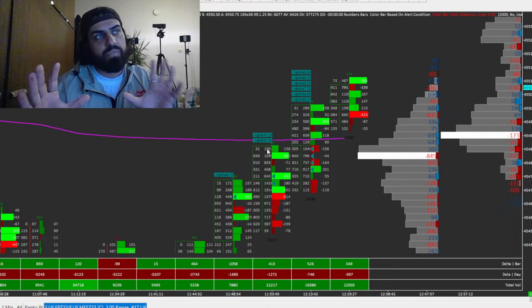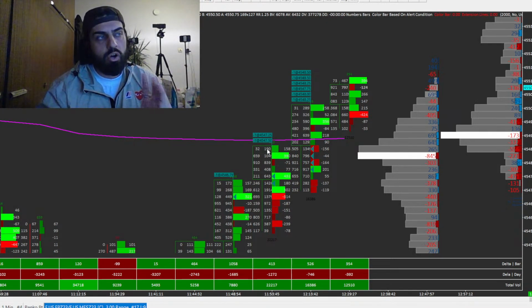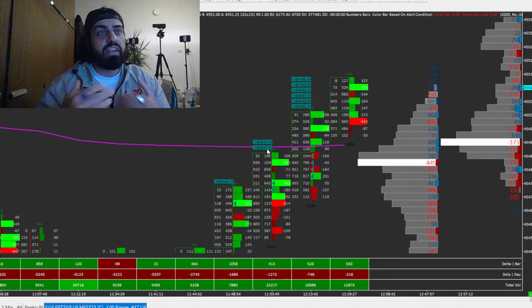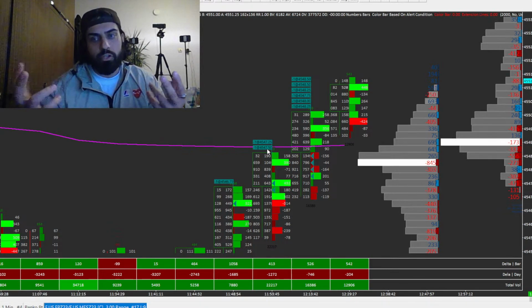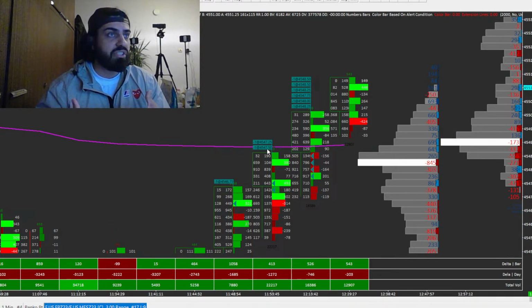I would look at 400 plus on the delta schematic. So if an individual level has like 400 plus positive delta, I would consider that a pretty strong area. If it has negative 400 and I guess lower, so negative 500, negative 600, it would be considered a fairly heavy candle on the sell side.